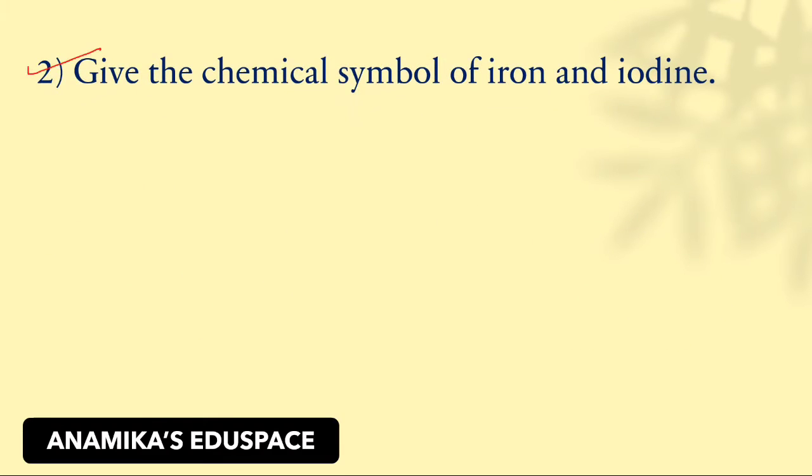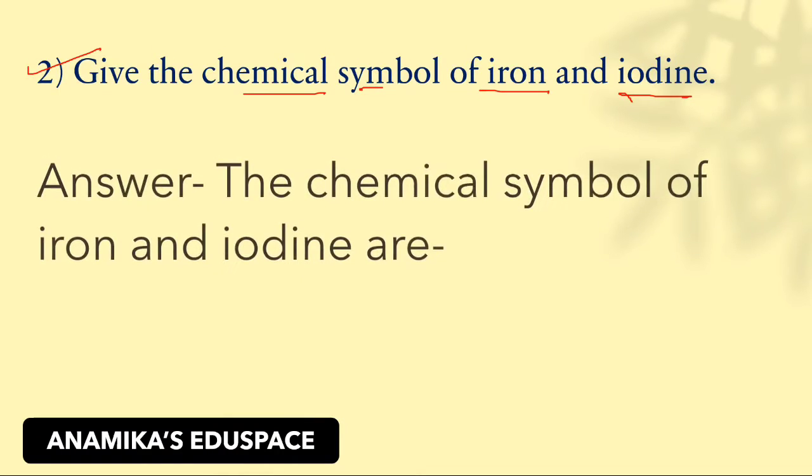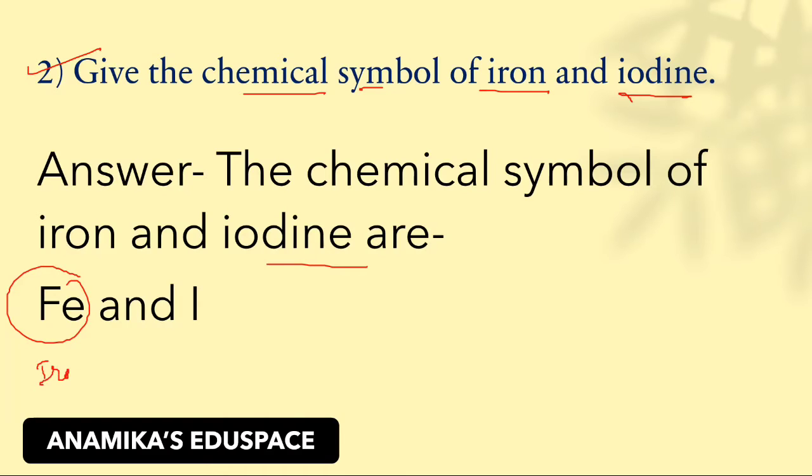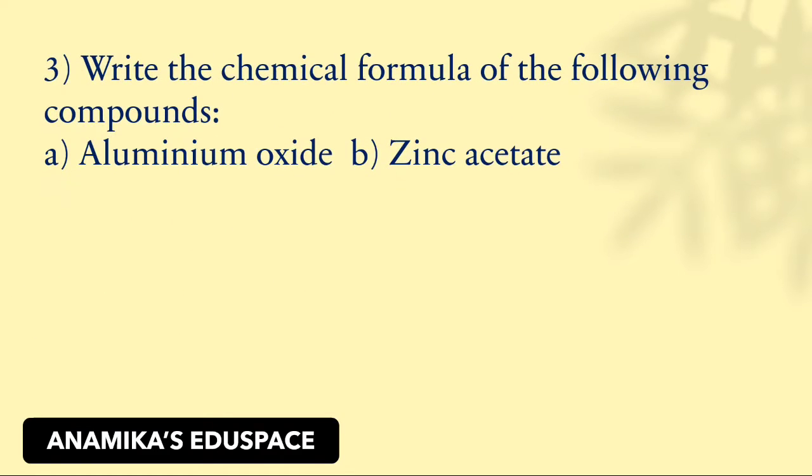Question number 2. Give the chemical symbol of iron and iodine. Answer. The chemical symbols of iron and iodine are Fe and I. Fe is for iron, which is known as ferrous, and I for iodine. Clear, students?